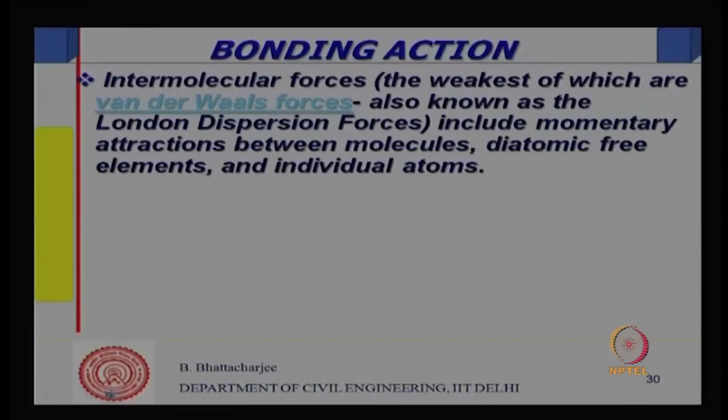So, the bonding action of these intermolecular forces is generally weak, not a chemical bond, not very strong. We have seen that it is of the order of 7 MPa, but the actual bond could possibly be more than that. Well, cement to cement bond is because of this.